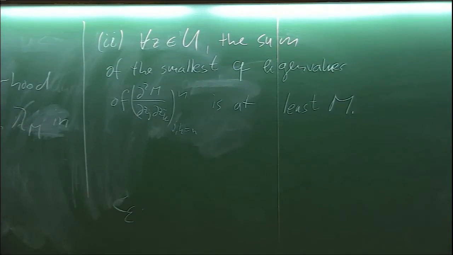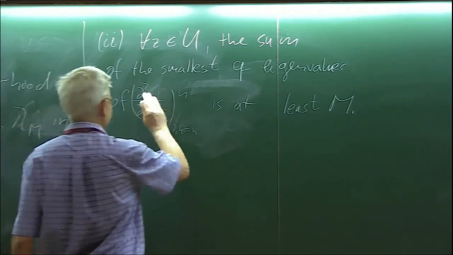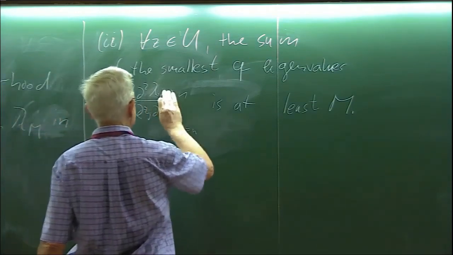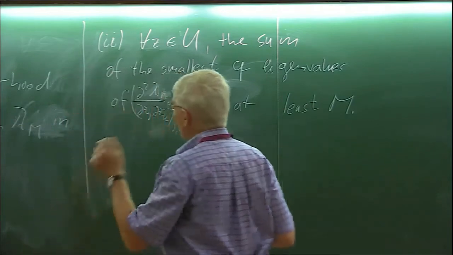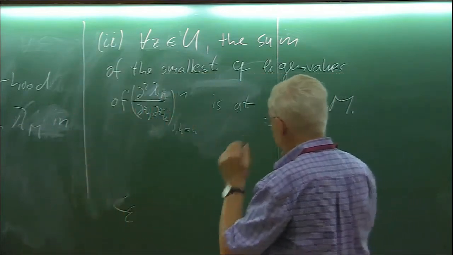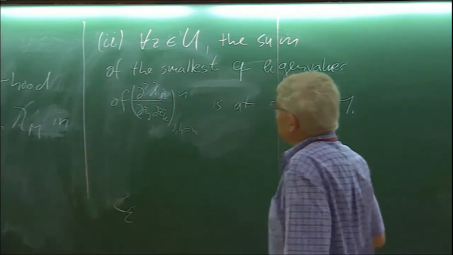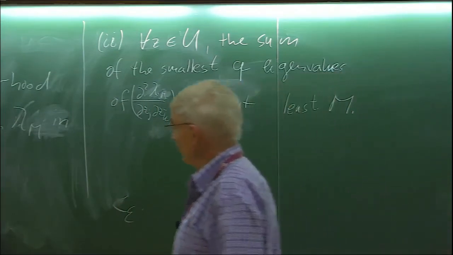Now, the simplest case is when Q is 1. This just says the smallest eigenvalue is at least m, or in other words, all the eigenvalues are at least m. Lambda m, I'm sorry. Yes. So in the beginning, it's useful to think about the case Q equals 1.